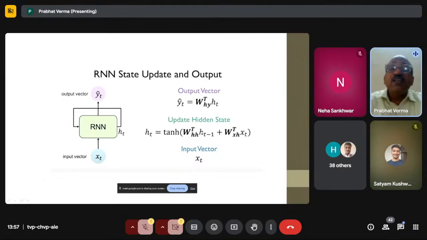One is the weight between the previous state and the current state, and the other is the weight for the current input vector xt. This way we can update the hidden state at any time with the help of this update rule, and at every time step we make use of it to get the new ht value.